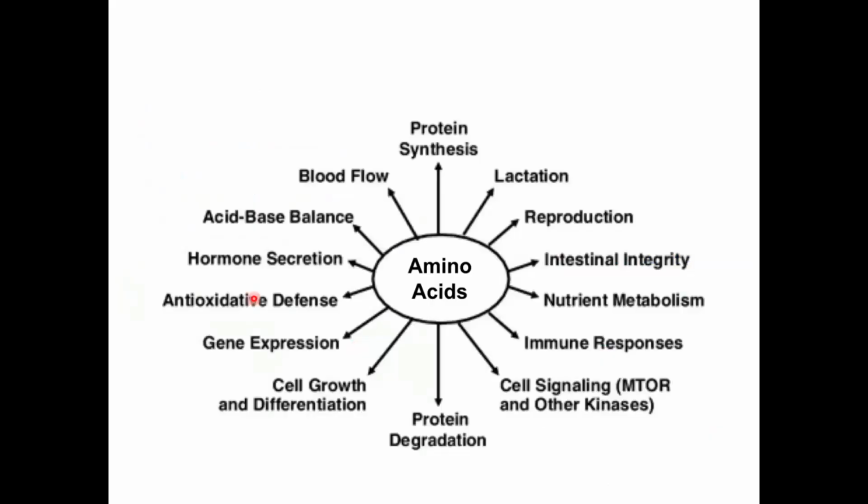So agar hum baat kare, what are the functions of the amino acid in general? So ek tarah se we can see that they are important for the blood protein synthesis. They are important for acid-base balance. They are important for reproduction, intestinal integrity, nutrient metabolism, immune response.